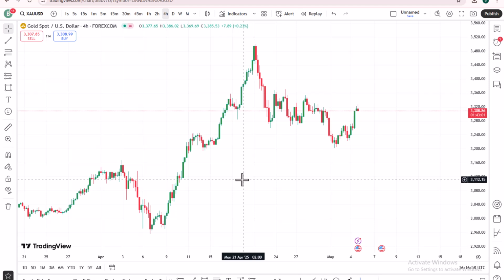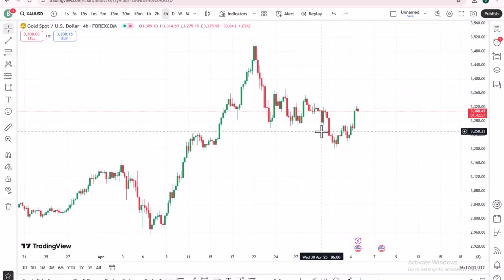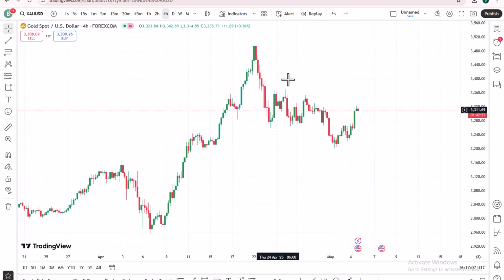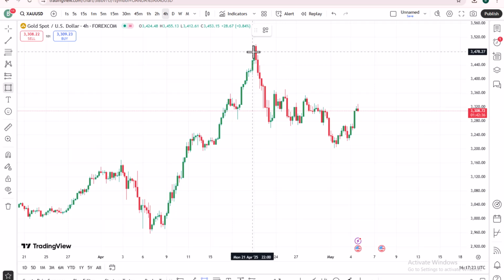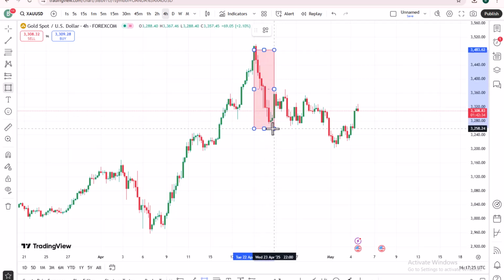When I come to the 4 hour time frame too, I look at what is currently going on. When there are more bullish or more bearish candles, that tells me whether I should buy or sell. In a market like this, when I see these candles coming downwards, I'll be looking for sell opportunities.